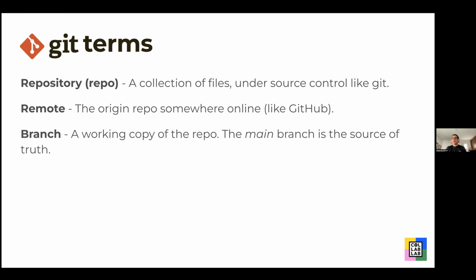Now the branch. A branch is a working copy of the repo, right? We have this main branch, which is the branch that has the source of truth. Whatever we have in main is hopefully what is in production or in a tested environment. All right, so that's a branch. You can have your own branches.